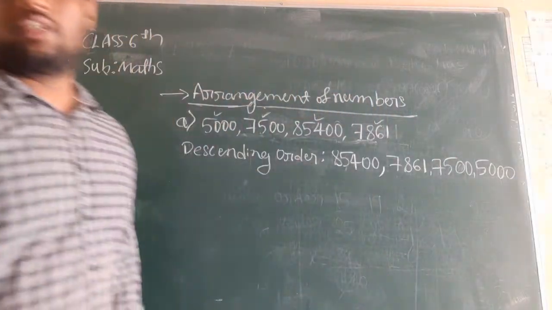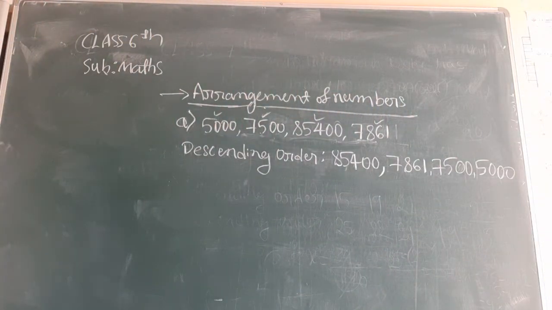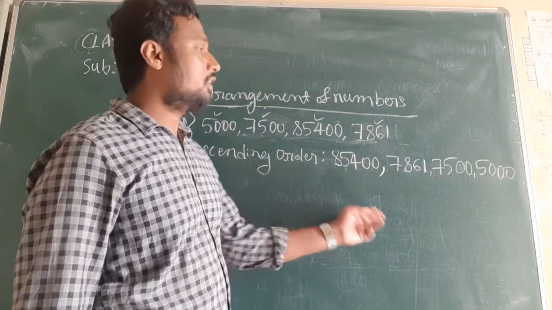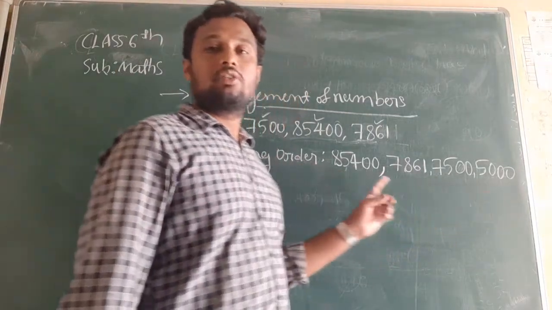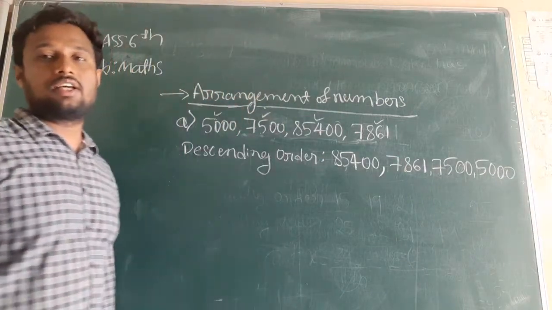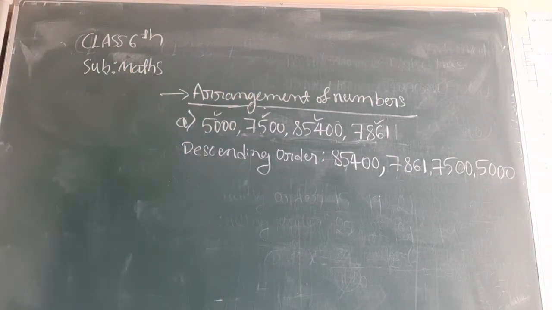So now we have arranged these numbers in descending order. You can see here, first we have the greatest value and last we have the smallest value. So this is greatest to smallest value. This is called descending order.